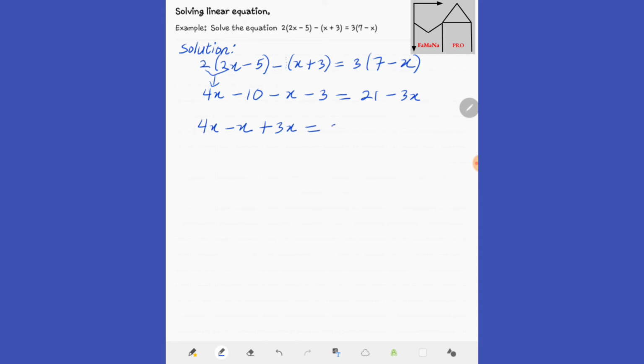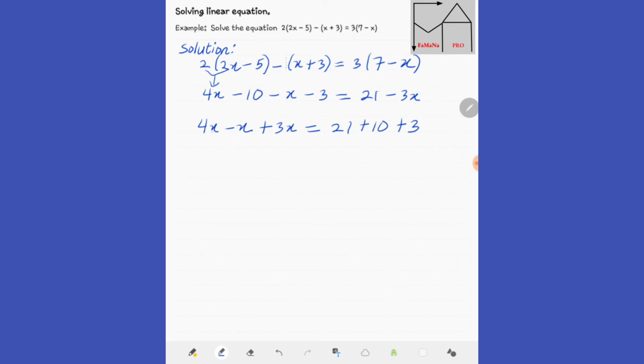Equals 21. Now we move these two numbers, minus 10 and minus 3, to join 21. If we move minus 10 to the other side, it becomes plus 10. Then minus 3, when moved to the other side, becomes plus 3.